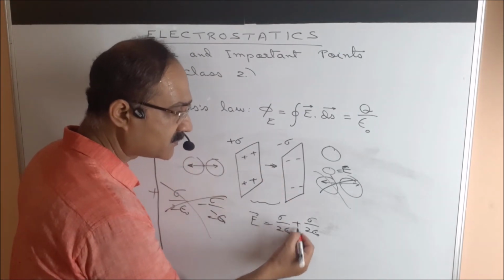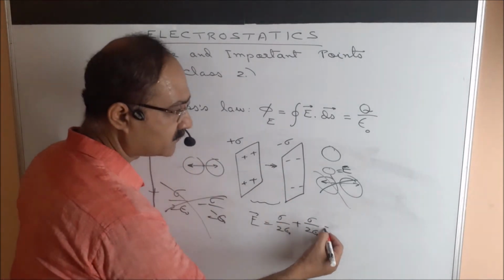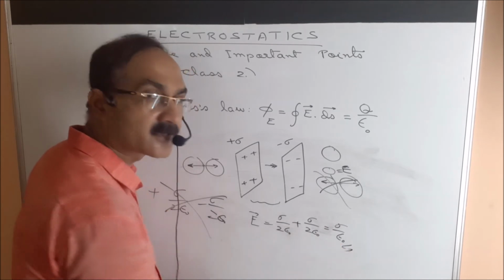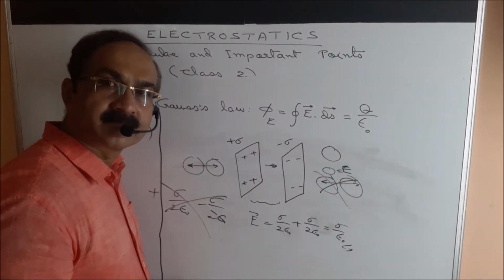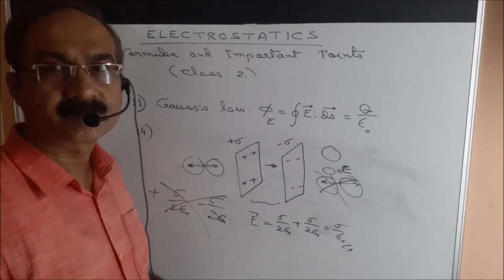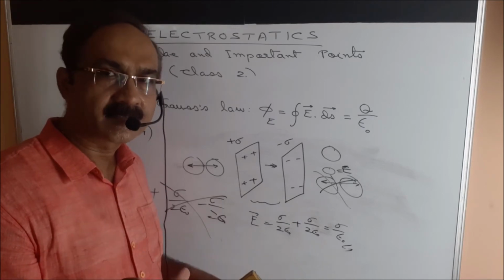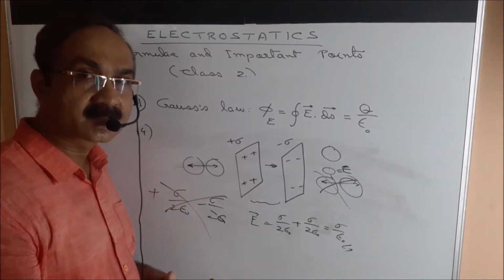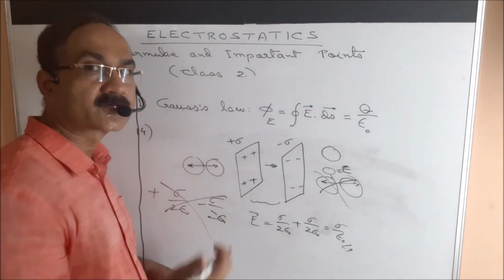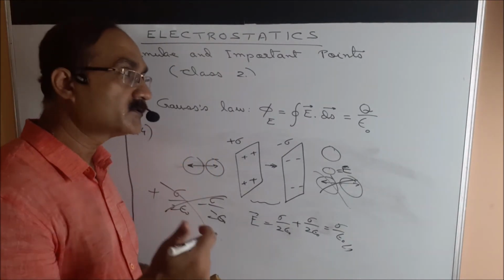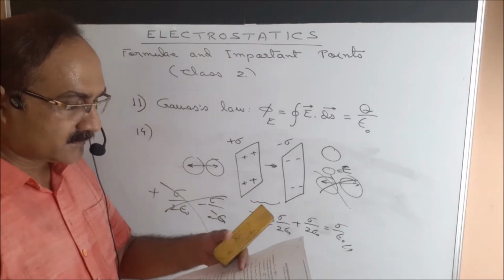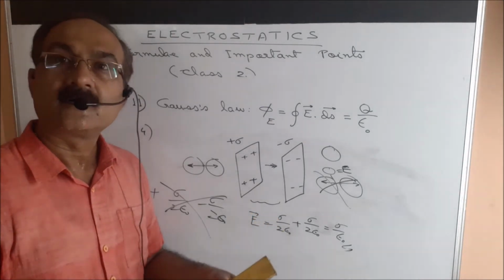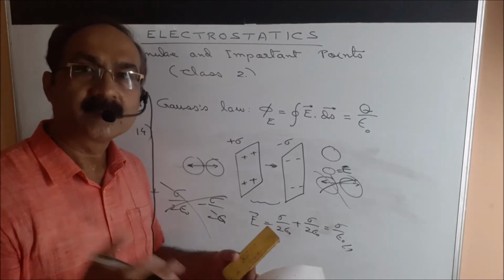Directions are same, so we add them up. So it becomes sigma by epsilon naught. Simple, see? You just have to think about the magnitude of the electric fields and the directions and use the formula for thin sheet, which is formula number 13.